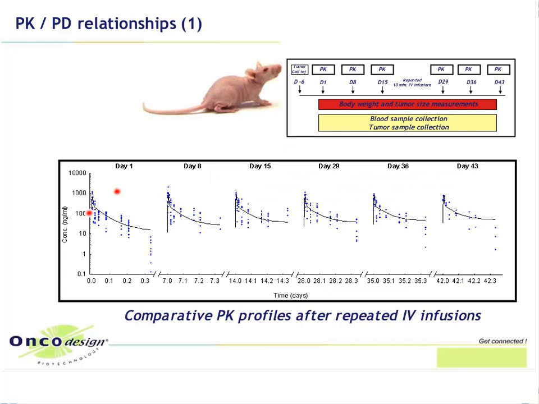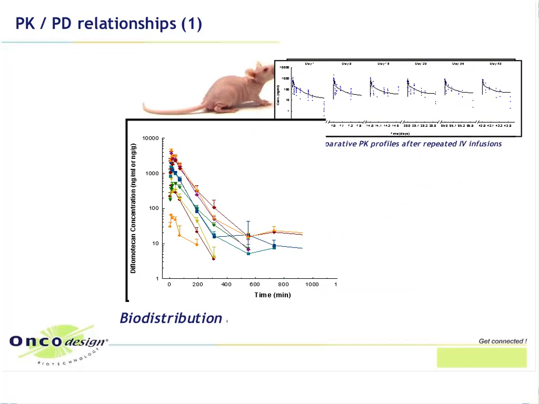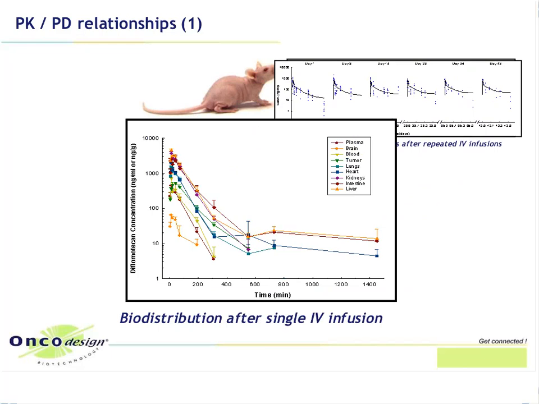Then we also considered the PK and biodistribution of the drug inside the body of the rats, where we've shown that the drug is eliminated quite rapidly from the blood and maintained about 2 times better in the tumors. And we've also seen that the main excreting organs were both kidneys and liver.